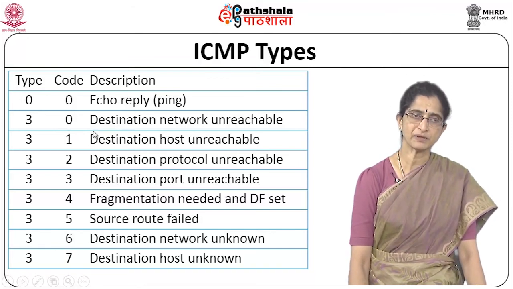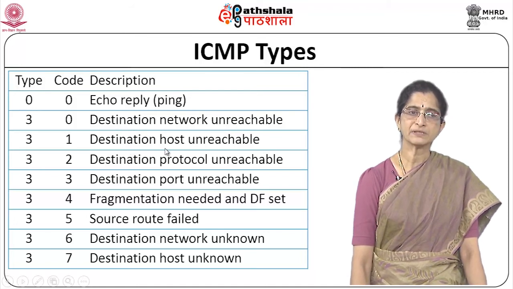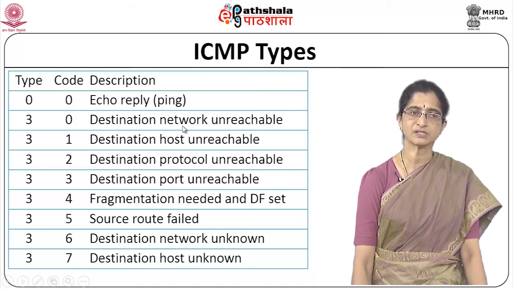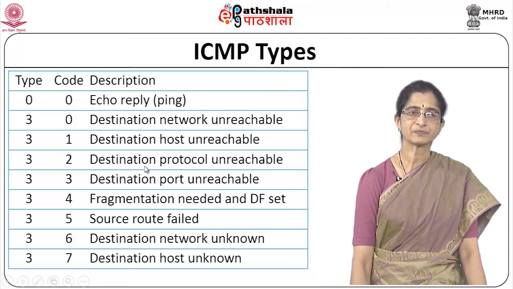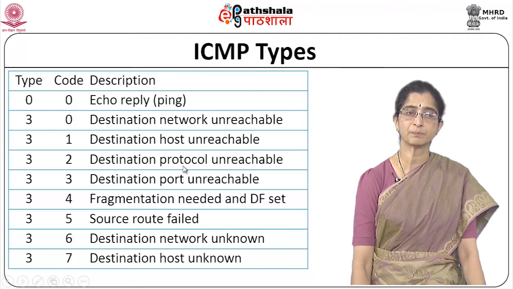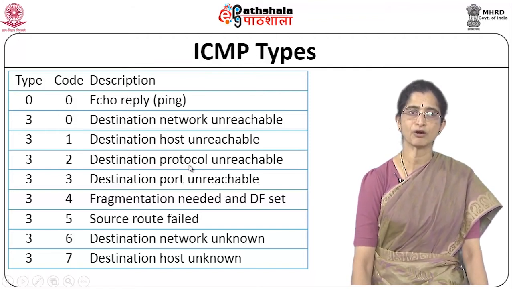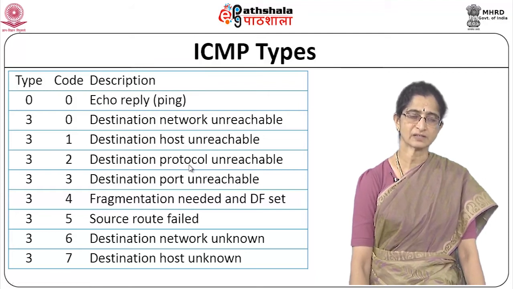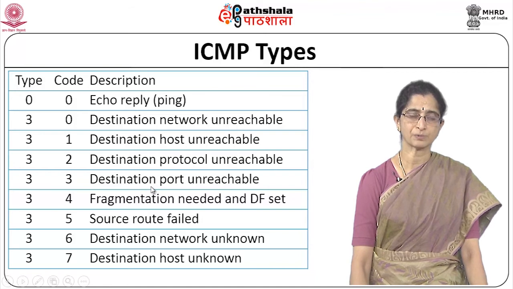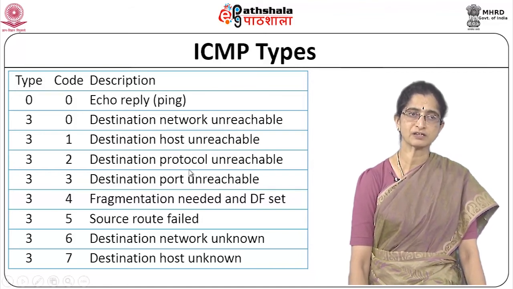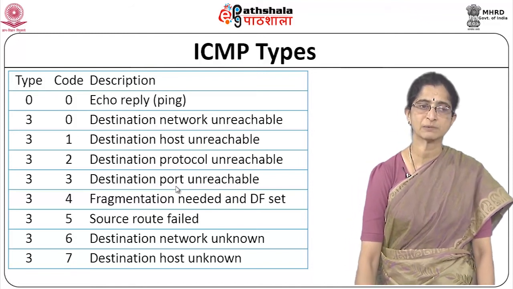The destination could be unreachable because the network itself is unreachable, or it may be the destination host that is unreachable, which means you can reach the network but you are unable to reach the host. The third one is that your destination host is reachable but the protocol is unreachable, which means you are not able to reach UDP or TCP, whichever protocol this packet belongs to. The next option is that the destination protocol is reachable but the destination port is unreachable, that is the UDP or TCP port which is specified.